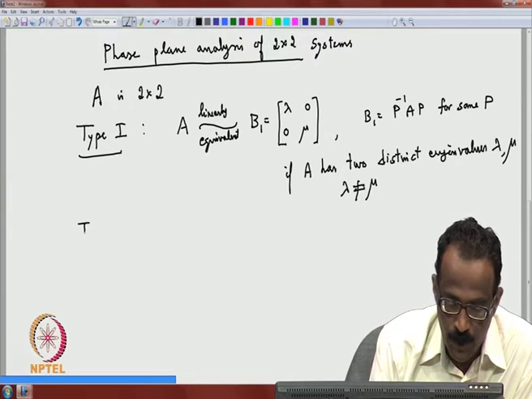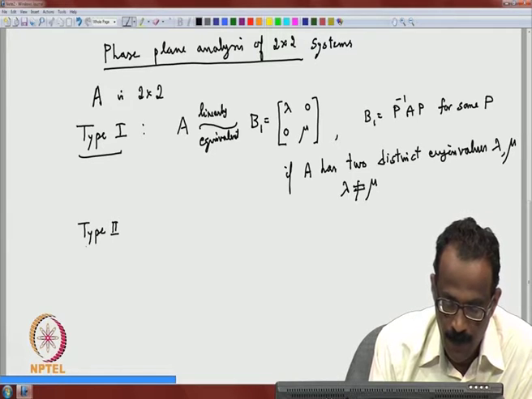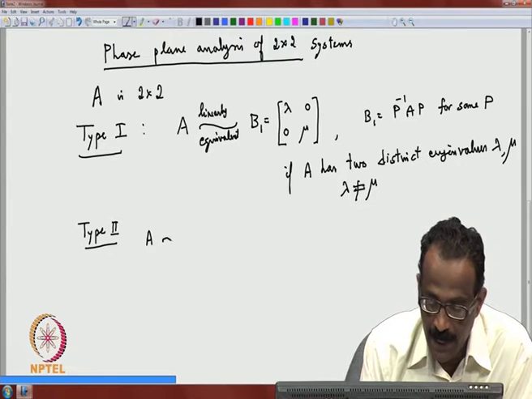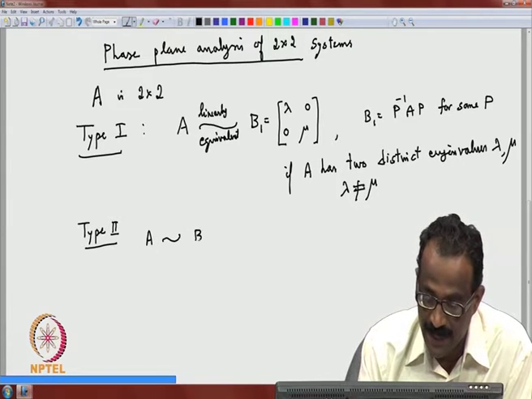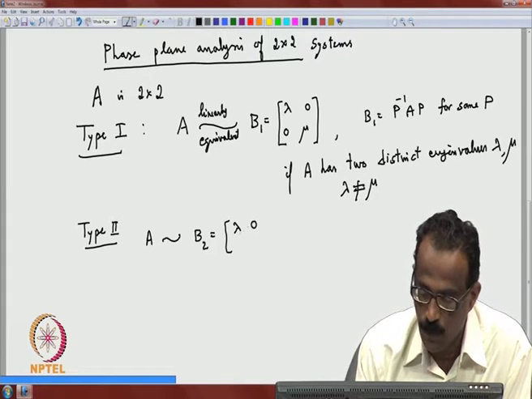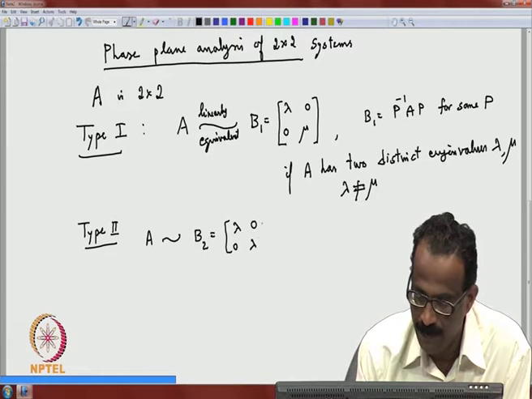So what is type 2? In type 2, A will be linearly equivalent to one of two forms, and there are two cases. It can be of the form lambda 0 0 lambda.